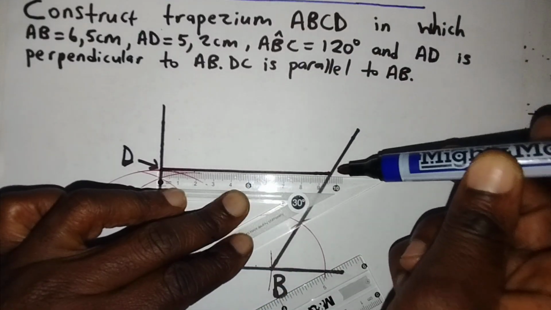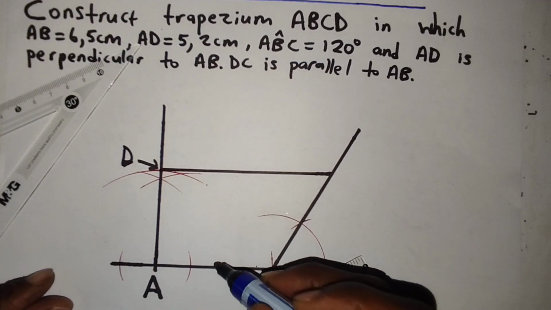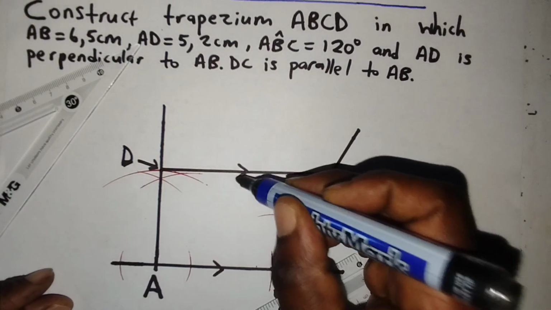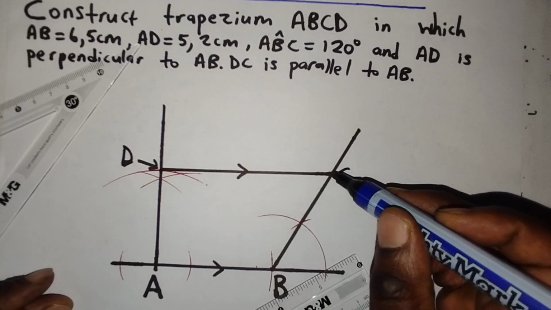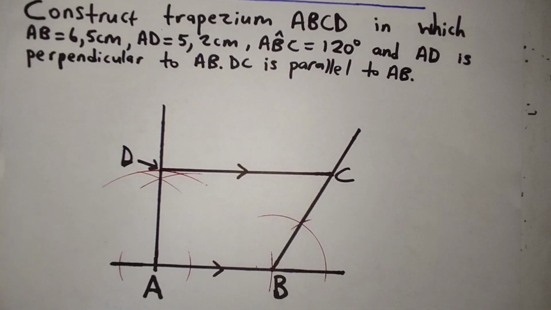So I've constructed a parallel line. This AB will be parallel to this line. So here is point C. Now we have finished constructing our trapezium.